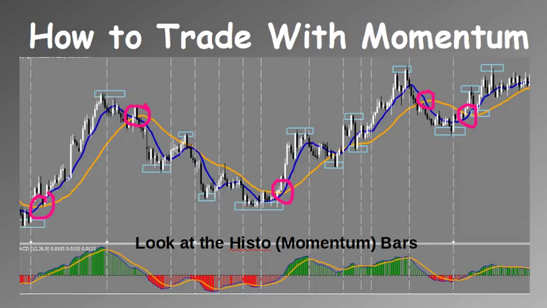Okay. And finally, trade in the direction of a higher time frame. So example, if you normally trade on the hourly chart, take a look at the 4-hour and the daily charts. Trade in the direction. If you see momentum on the higher time frame, trade in the same direction on your lower time frame chart.